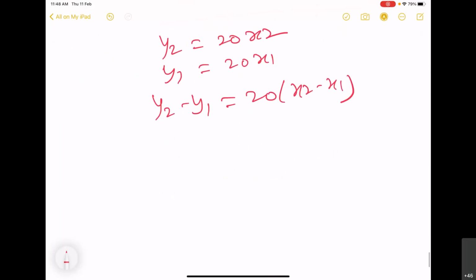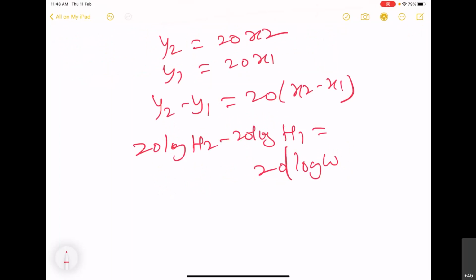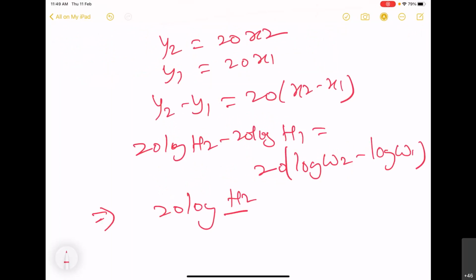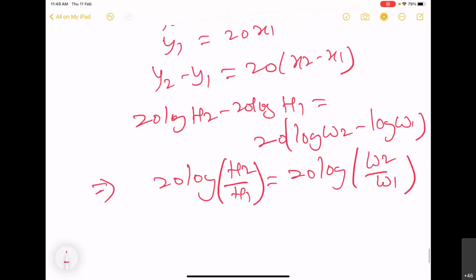Now if you find the difference, y2 minus y1, this will be 20 times x2 minus x1. When you go to the log domain, this will become 20 log h2 minus 20 log h1 is equal to 20 log omega 2 minus log omega 1. So this becomes 20 log h2 by h1 is equal to 20 log omega 2 by omega 1.